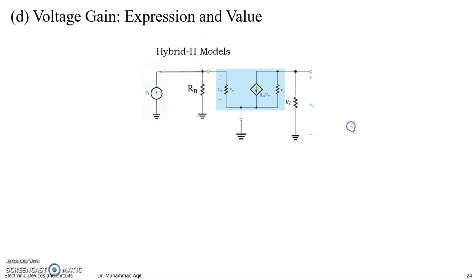We have to find now V pi, that is, how much voltage from this input signal is developing across V pi, and then we can go to the output side. The beauty of this model is that once you have drawn it, you can use the input part and work out separately to find V pi, IB if necessary, and so on, and then just use this value here and solve the output part separately.